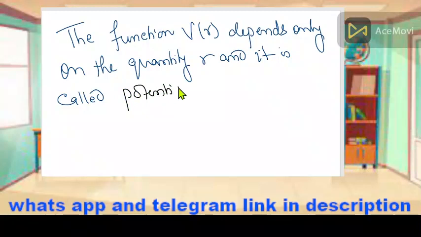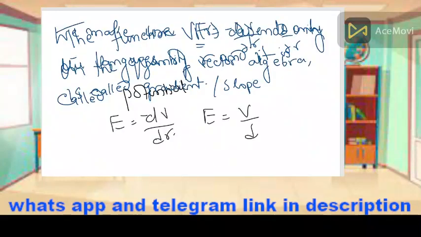They are different things. Potential and potential energy are different. This is called potential. Never write it as potential energy. So this is the definition of potential in terms of electric field.